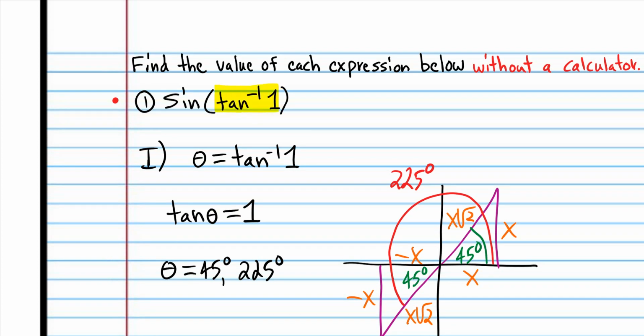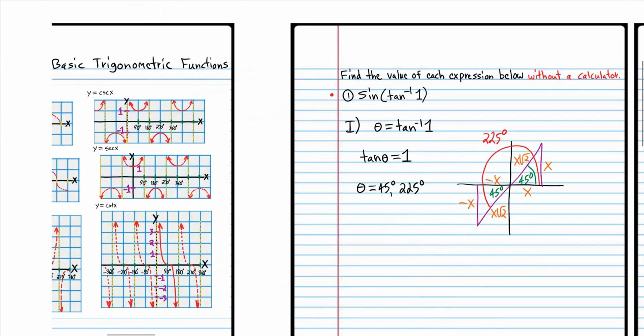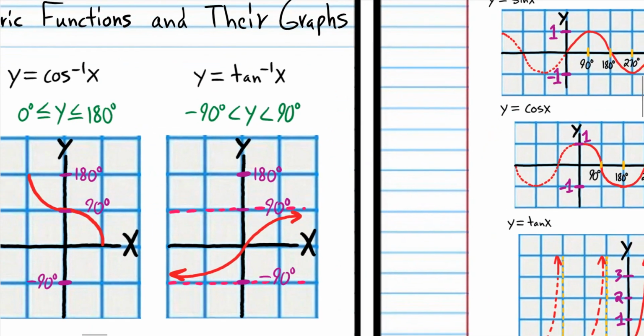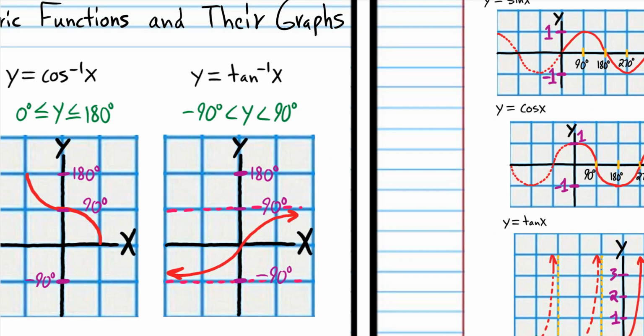So it's considered to be the output of a function, and a function can only have one output for every input. So we go to our tangent inverse range restrictions, and we see that tangent inverse has to be between negative 90 and 90 degrees.